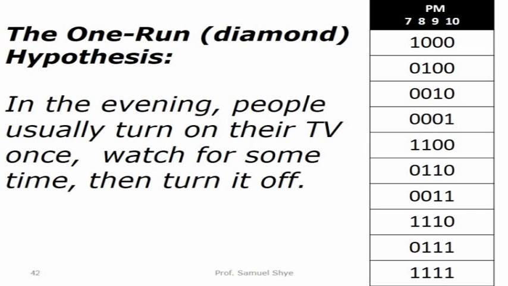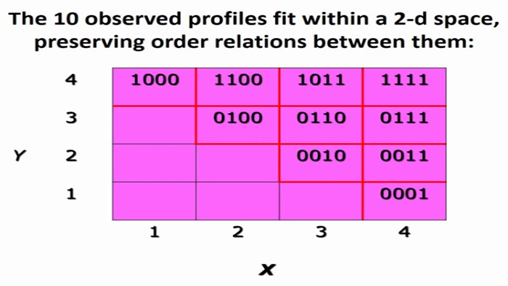We can see here in the list of profiles, the only profiles that do occur are those where the hours watched are close together, form one sequence. The 10 profiles fit within a two-dimensional space while preserving all ordered relations between them. This can be done by hand, but usually a computer does more complex empirical data.